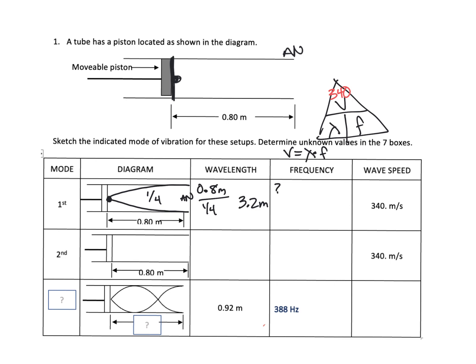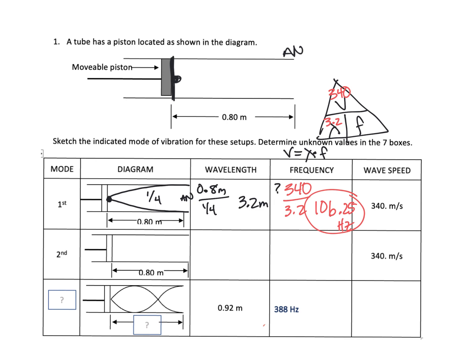Then the frequency we're looking for, and the wavelength we just figured out was 3.2. So 340 divided by 3.2, that one I would need a calculator to do. 340 divided by 3.2 gives me 106.25 hertz for frequency. So that's the first one.